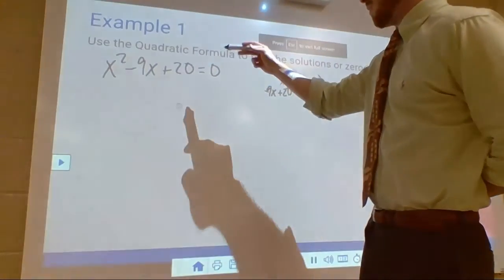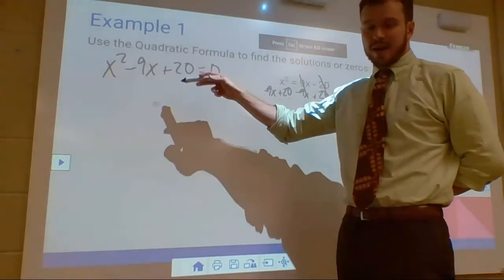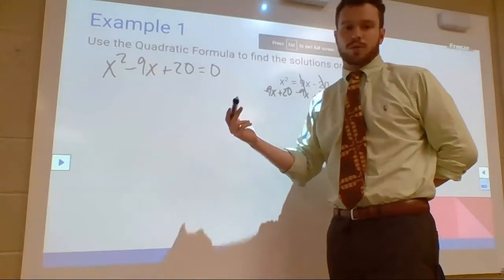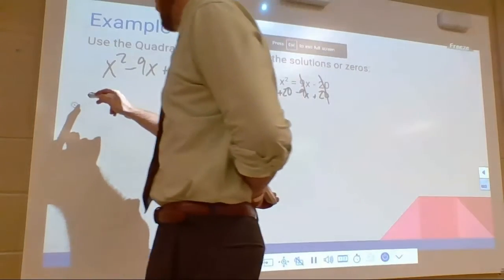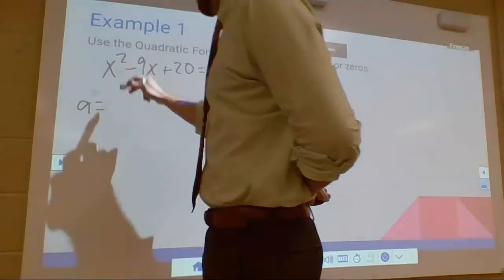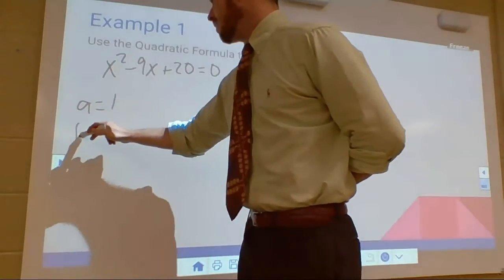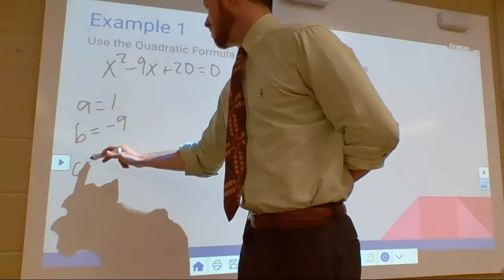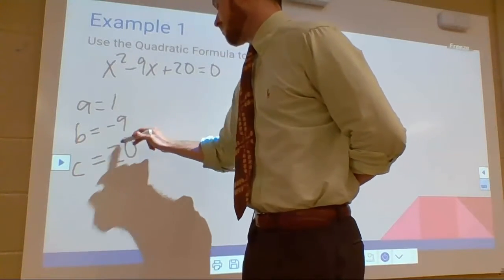So this is going to help me to identify a, b, and c, which we're going to end up substituting into the quadratic formula. So a in this case is 1, b in this case is negative 9, and c equals 20.